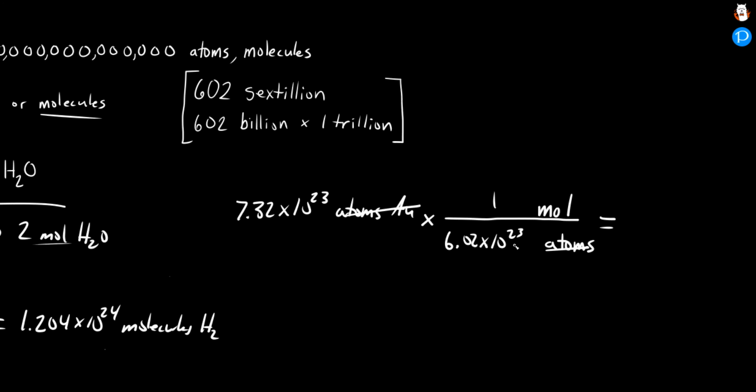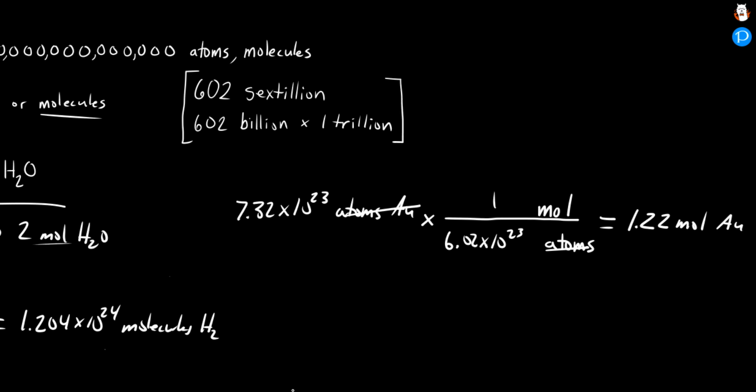And so let me do that real quick in my calculator and see what I get. 7.32 times 10 to the 23rd divided by 6.02 times 10 to the 23rd. I get 1.22 moles of gold.